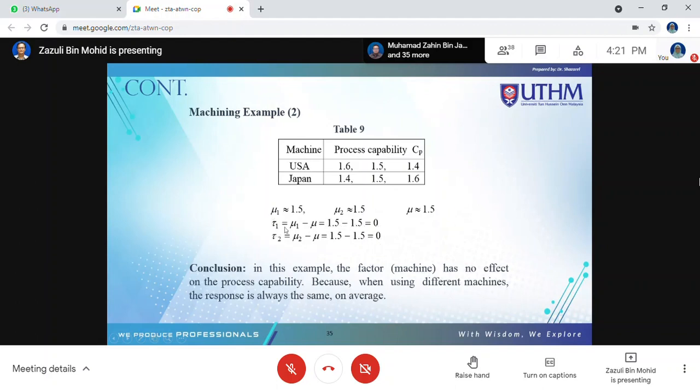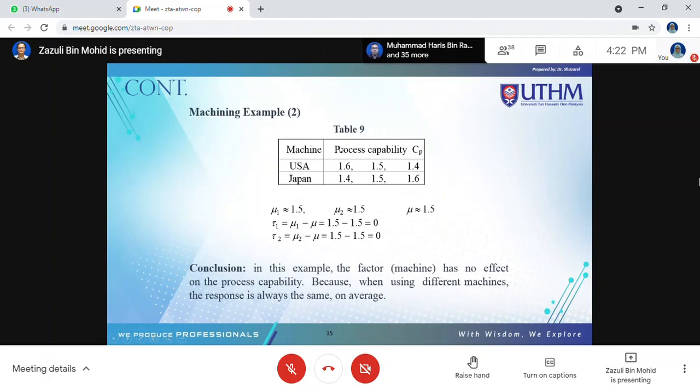Tau1 for USA is 0, and tau2 for Japan is also 0. That means in this case, the machines have no effect on the process capability. This is the conclusion that we can get if the data from the experiment is presented in such values.